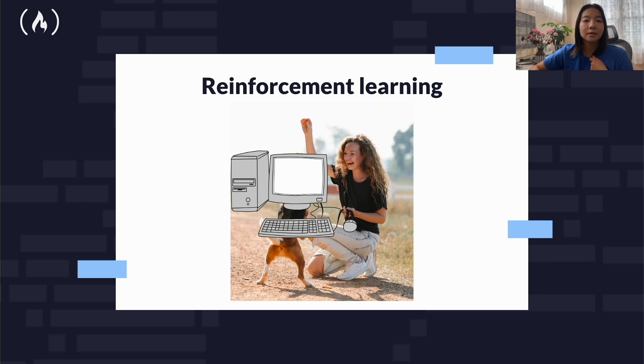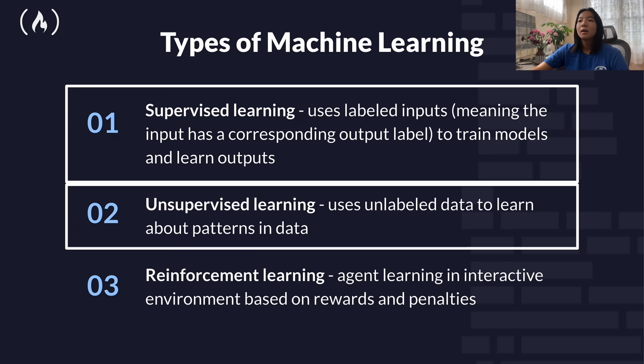Well, let's pretend that dog is a computer. Essentially what we're doing is giving rewards to our computer and telling it, hey, this is probably something good that you want to keep doing. Computer agent, terminology. But in this class today, we'll be focusing on supervised learning and unsupervised learning and learning different models for each of those.